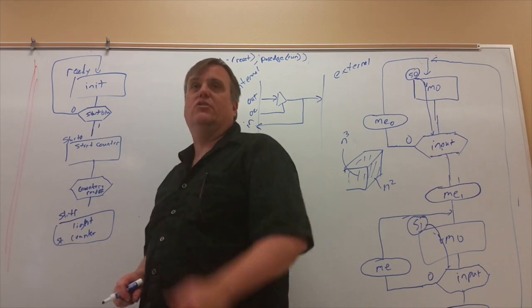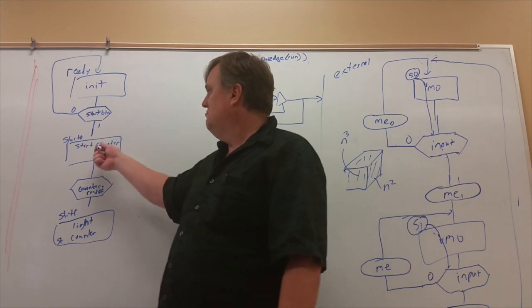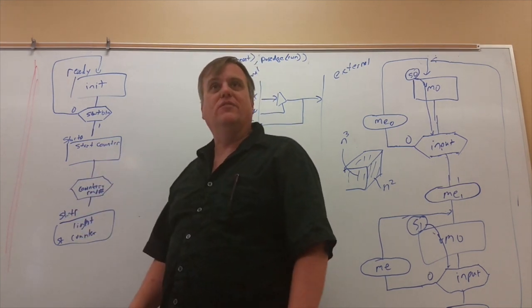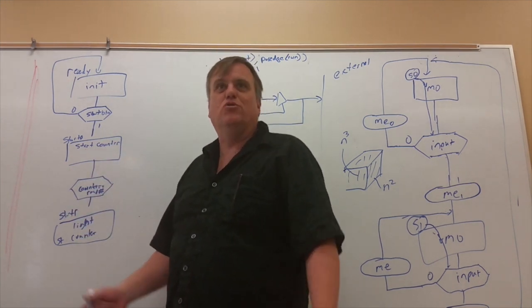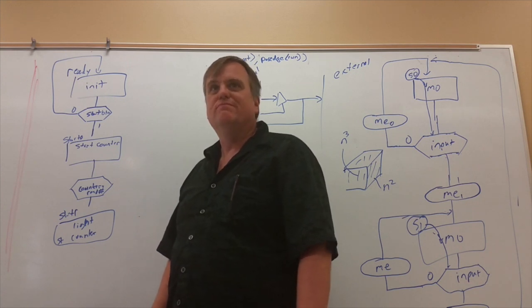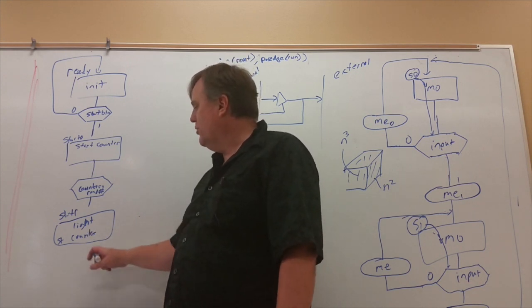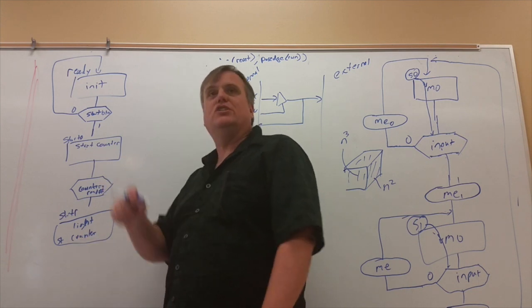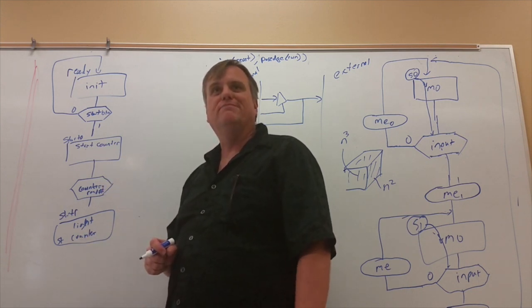Right, because now I'm going to count how fast you are. I can use the same counter if I want, so I don't have to build two of them. I just start the counter all over again, and then all I now have to check is, did you push the button?